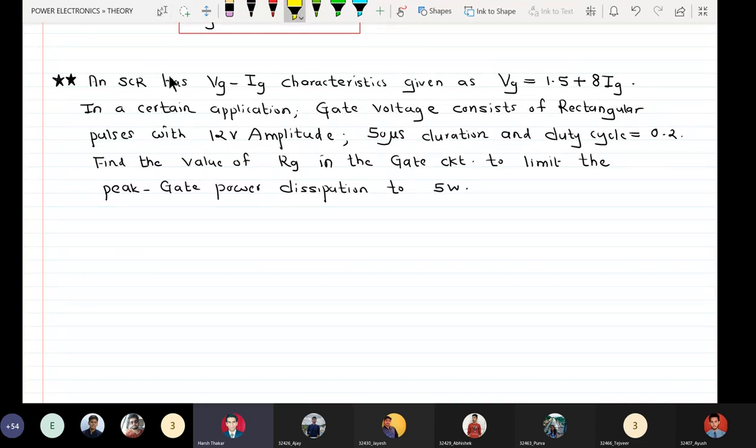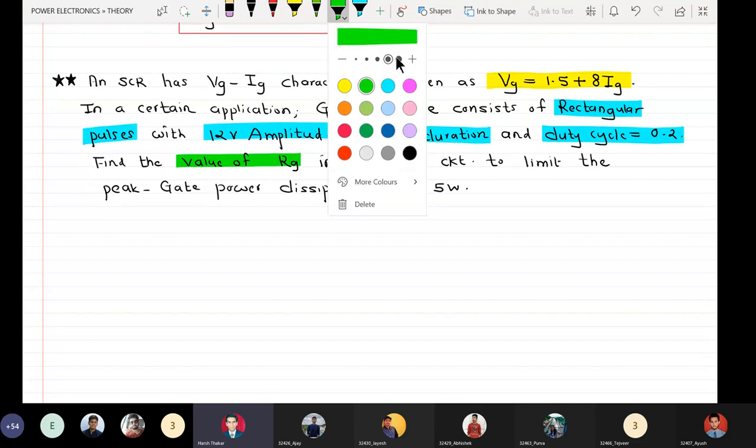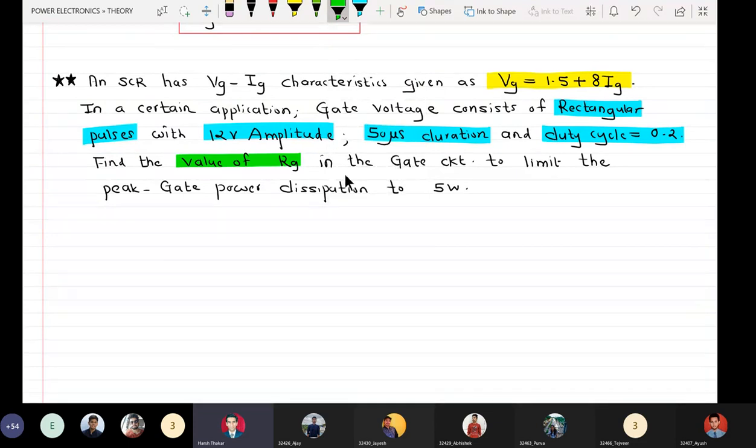Okay, so this is as before, only thing is that Vg equal to 1.5 plus 8 Ig. Second important thing which is different compared to the previous two numericals is that gate voltage consists of rectangular pulses with 12 volt amplitude, 50 microseconds duration, and duty cycle equal to 0.2.